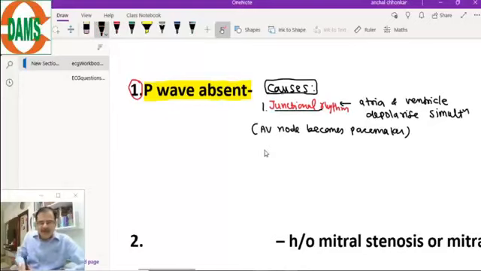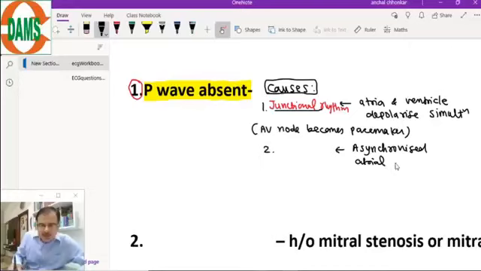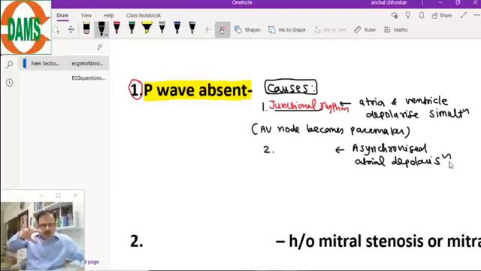Now number 2 is when there is asynchronized atrial depolarization. So all the fibers are not depolarizing at the same time.